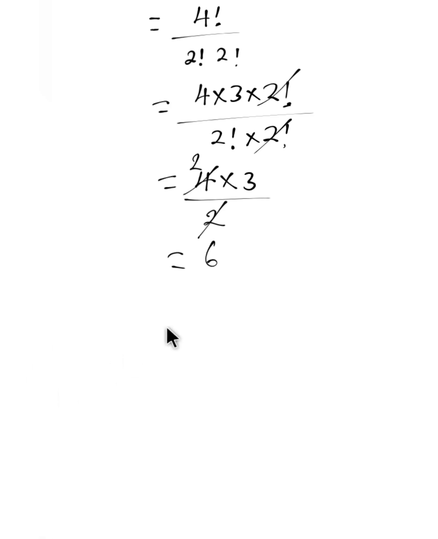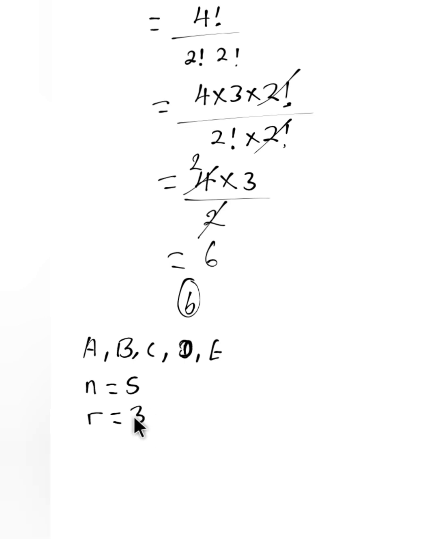Now, let's move over to B. How many committees will include 2 particular members, say both D and E? Now, remember that we have A, B, C, D, and E. The number of directors is 5. The number of directors required is 3. But out of those 5, the condition in B is that D and E are already chosen.